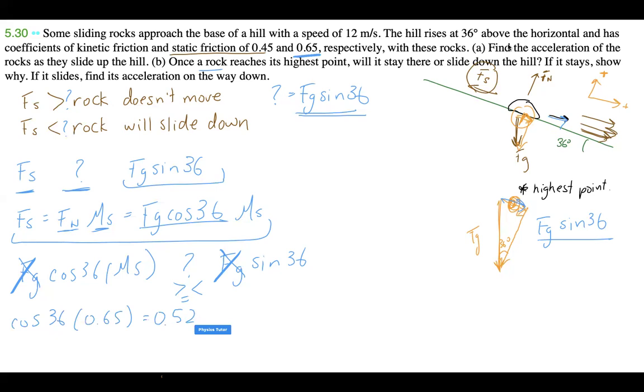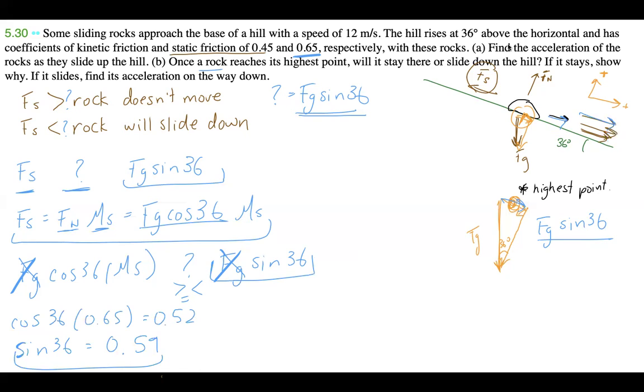And then sine 36 is equal to 0.59. So what's greater? Clearly, sine 36 is greater. So that means that this force is greater than the force of static friction.